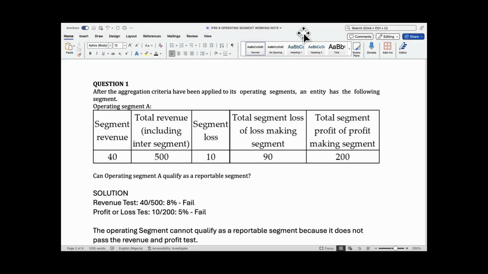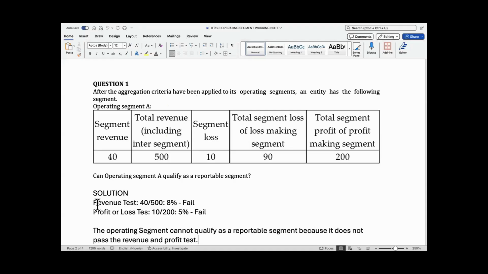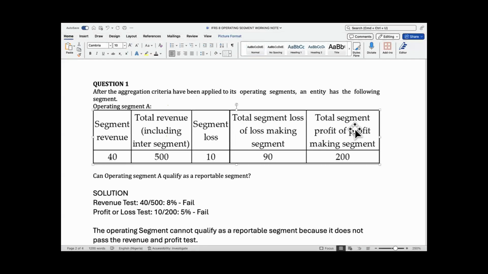What I need to be very watchful about is this when doing the profit or loss tests. Because we picked first, I looked at the higher. It doesn't matter whether the segment makes a profit or a loss. We don't care about that. We will look at the higher, we will group all the losses together. What's the total segment loss?